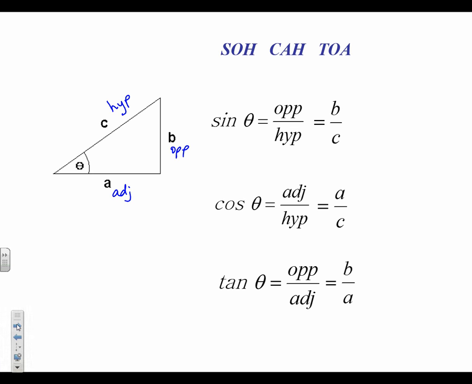Again, those all have to be in the same units, so that there won't be any units when you have sine theta, cosine of theta, and tangent of theta. If they give you the theta, then you'll just type in sine and that theta value when you're doing your calculations in your calculator.